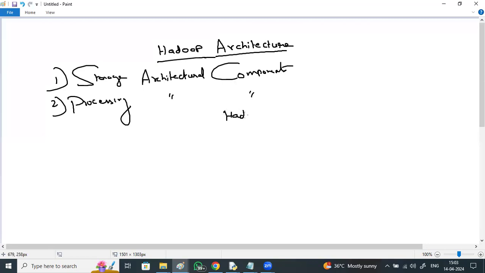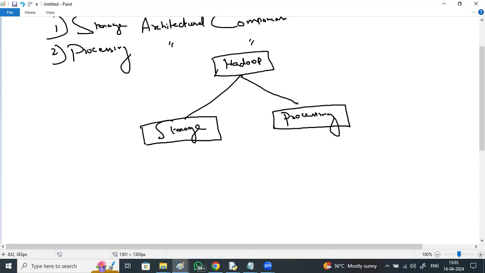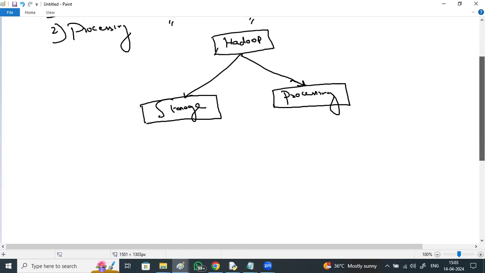See, Hadoop is meant for storage and processing.